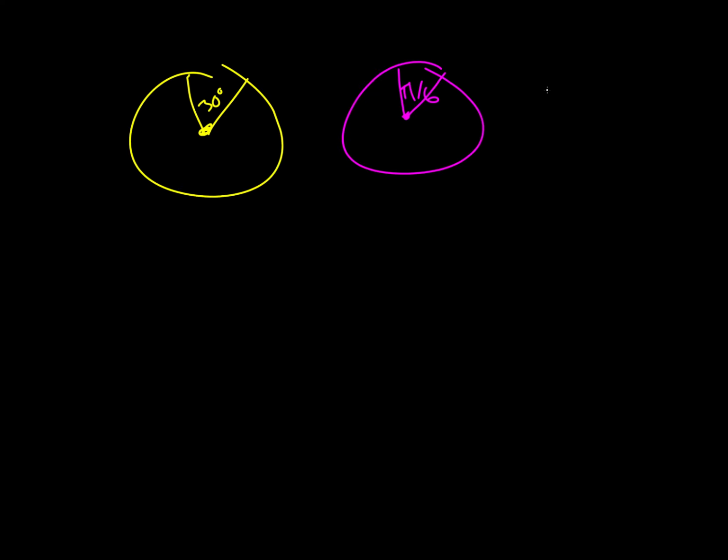So the first thing that I want to talk about is how to convert between one or the other. So if we're given degrees, for example 30 degrees, our scale ratio is 180 over pi or pi over 180, because 180 degrees is pi radians.